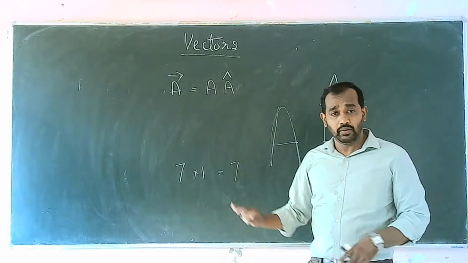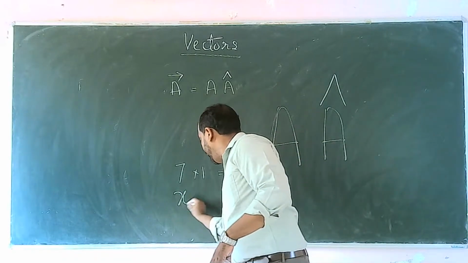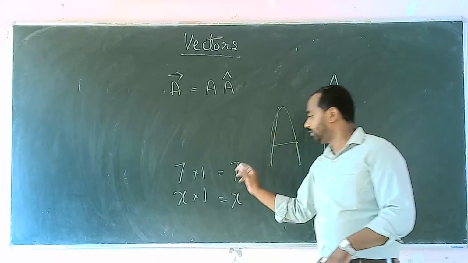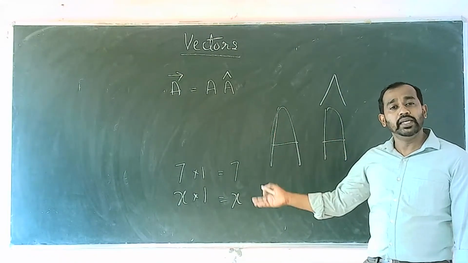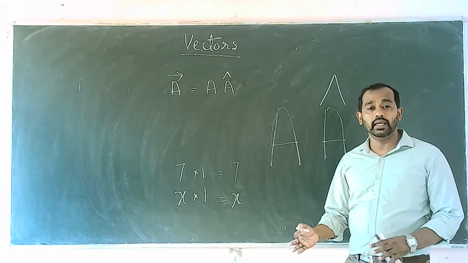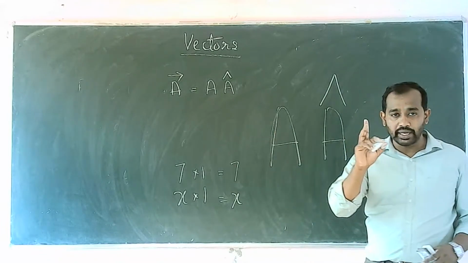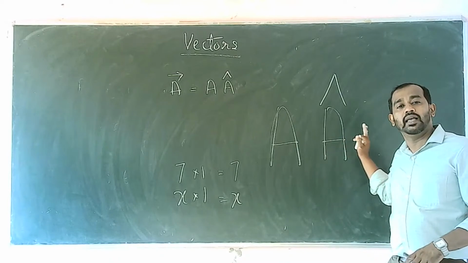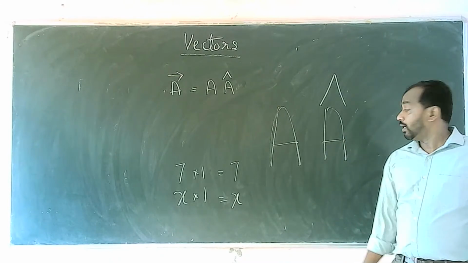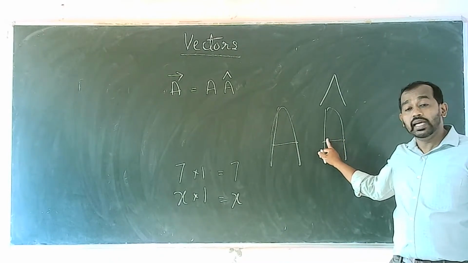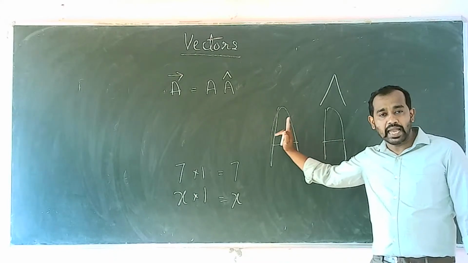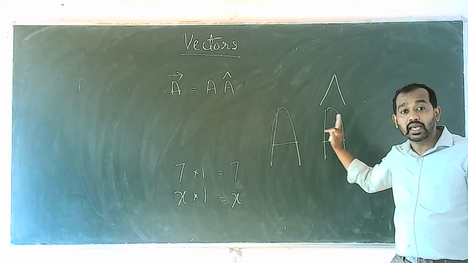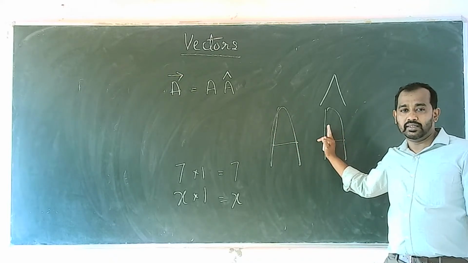In general, if you multiply x with 1, the answer is x. Therefore, we already know that if we multiply any quantity with 1, it will not change the answer. So we are multiplying the magnitude of a given vector with a unit vector.